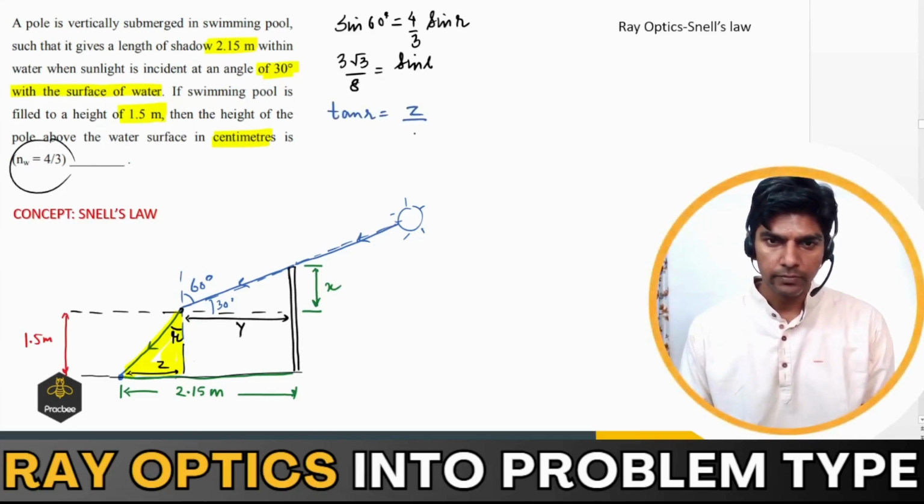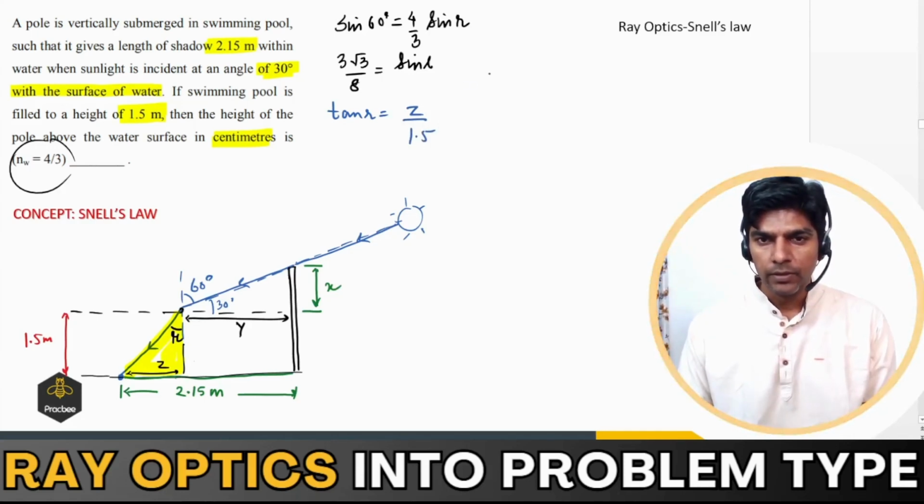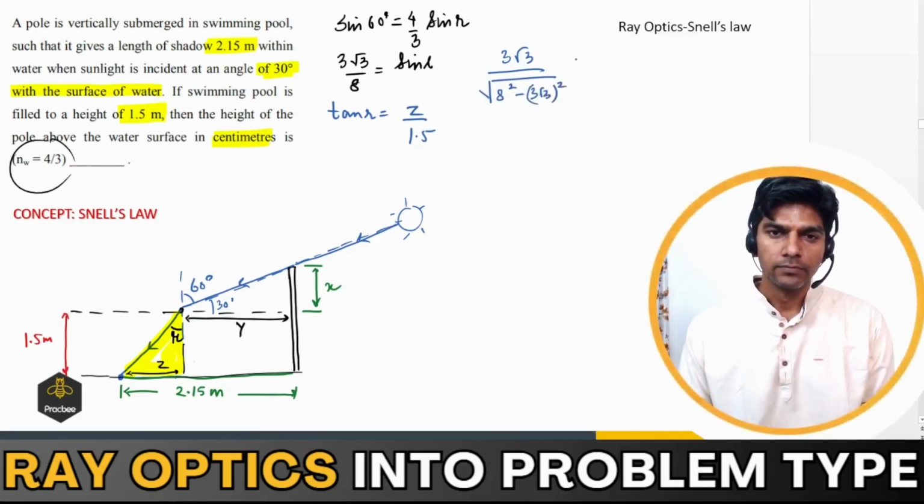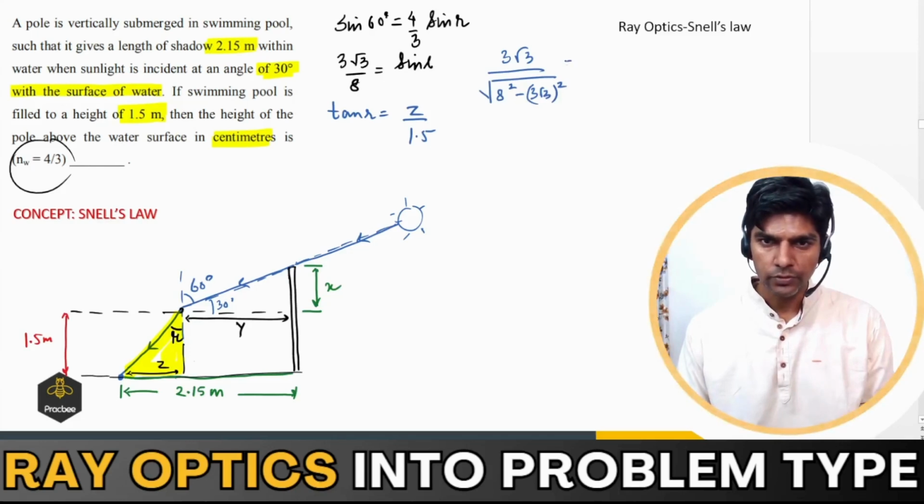So z divided by 1.5. So tan r can be written as 3 root 3 divided by root of 8 squared minus 3 root 3 squared, and that should be equal to z by 1.5.